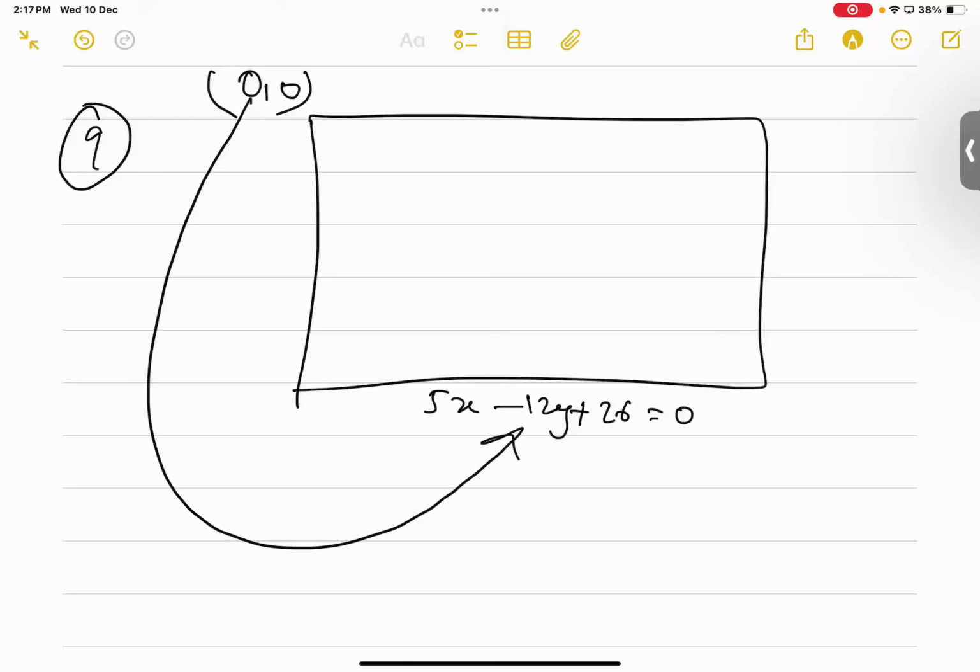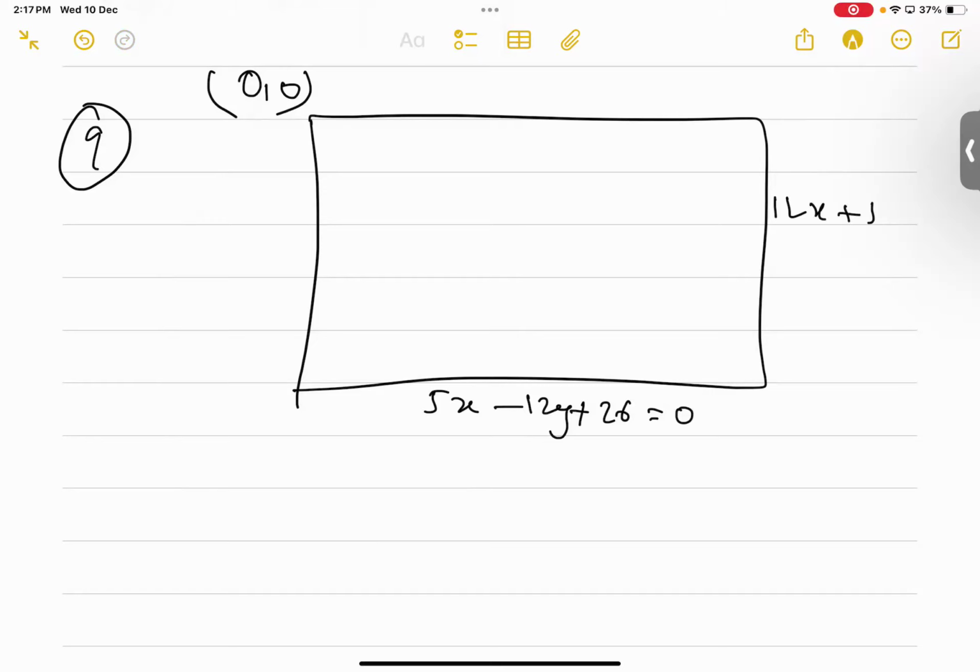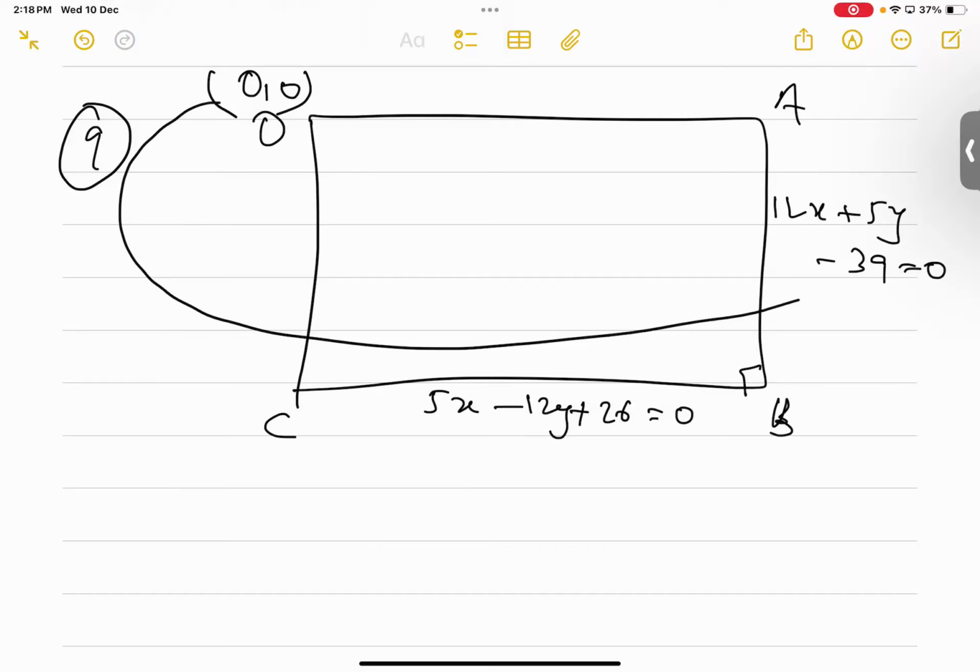Origin will not lie on this line. Can you tell me why? It won't satisfy the equation of the line. So the other line will be here: 12x minus 5y minus 39 is equal to 0. This is the other line. O, A, B, and C. So it's a rectangle. Why is origin also not lying on this line?